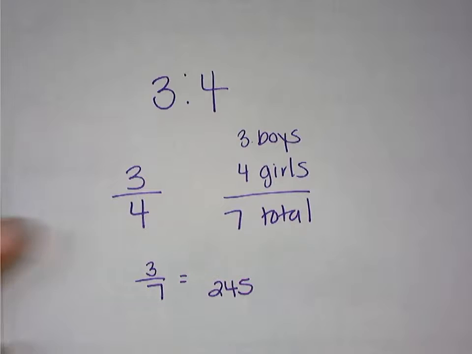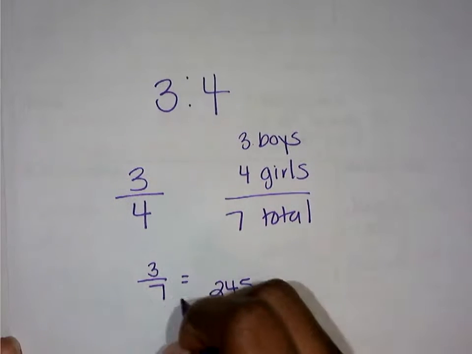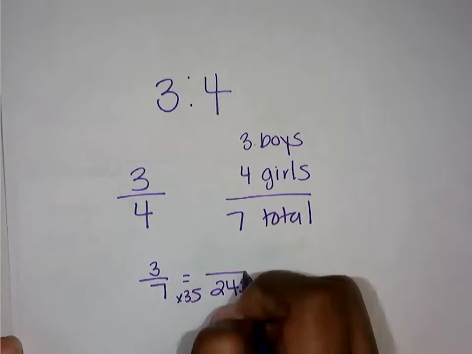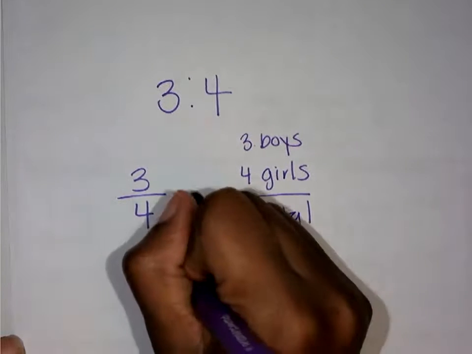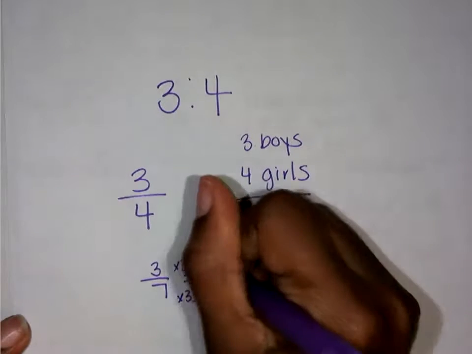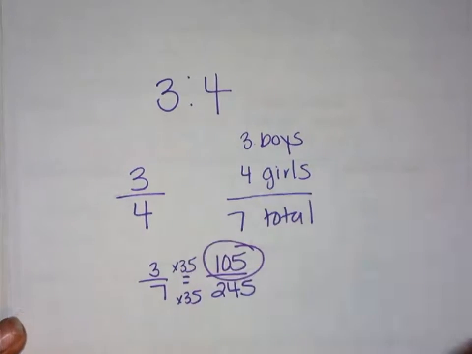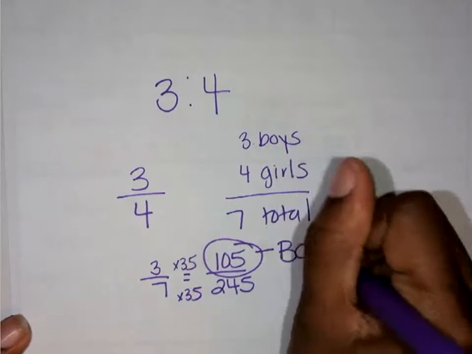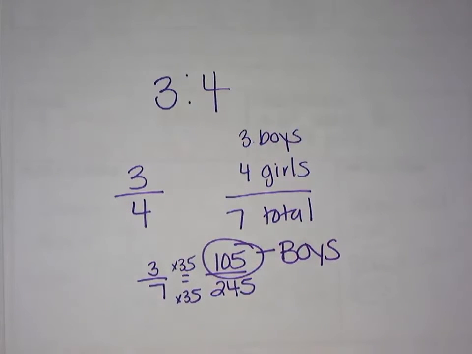That's how many total preschoolers there are. So again, you're working backwards. You have to figure out what times 7 will give you 245. All you do is divide 245 by 7, and in this case, it's 35. So whatever you do to the bottom, you do to the top. You have 3 times 35, and that is 105. So that lets you know that there are 105 boys.